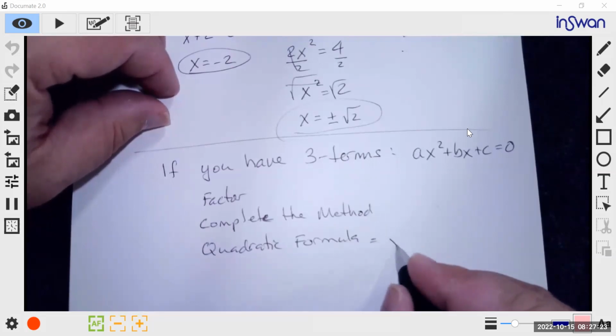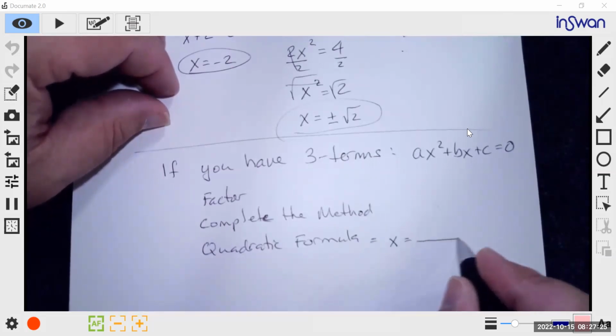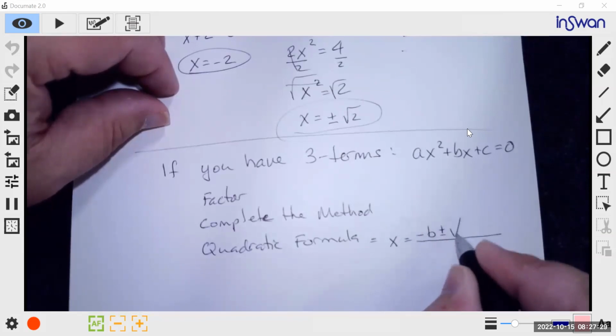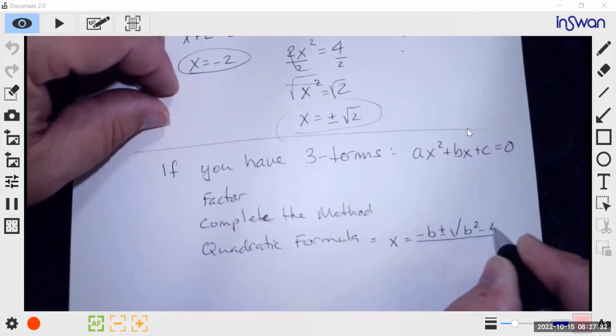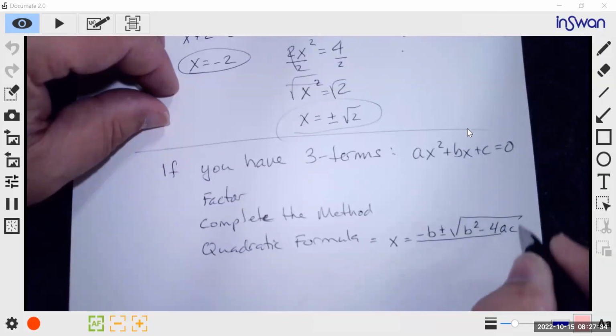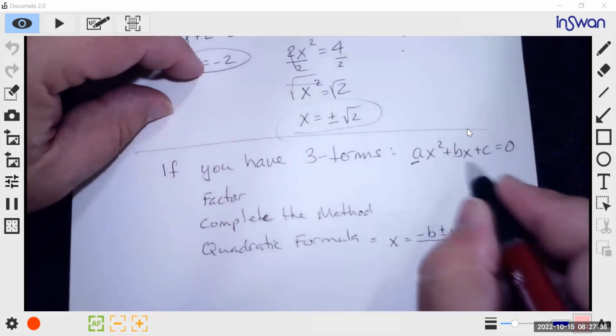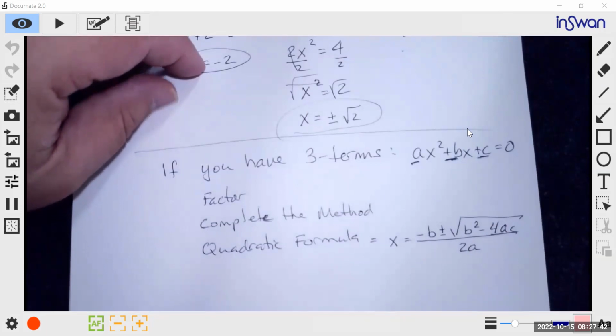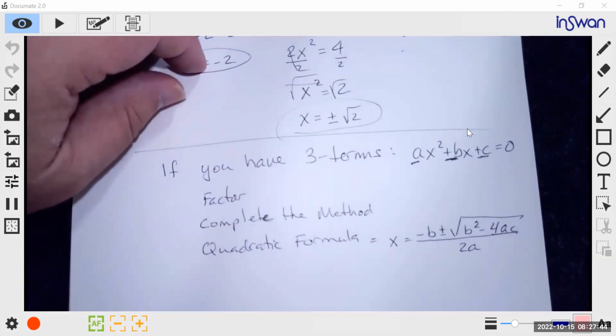And remember, the quadratic formula is -b plus or minus the square root of b squared minus 4ac, over 2a. Where we only use whatever's in front of the x's, the numbers, and their signs.